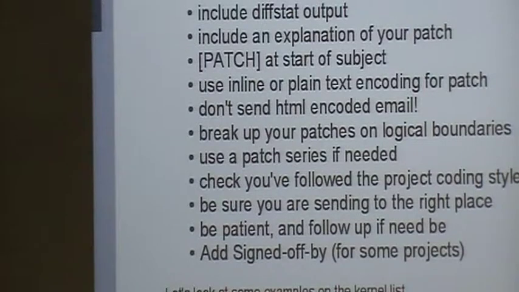You need to include an explanation of your patch. So you don't just send a patch, say, with there's the fix. You explain why it's the correct fix, what justification, what is it fixing. If there's a particular bug, is there a bug ID, is there a bug number associated with the patch in the bug tracking system for the project, put that number in, explain under what circumstances the patch is important, but don't make it too verbose.